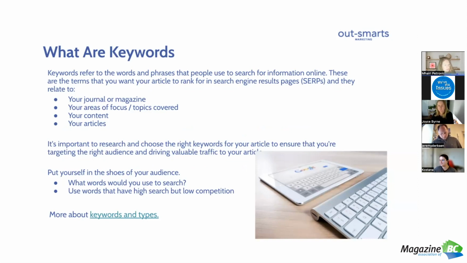These are terms that you want your article to rank for, and they might relate to your journal or your magazine. They might relate to the areas of focus or the topics covered in the article. It's going to relate to your content, and it's going to relate to your articles as well.